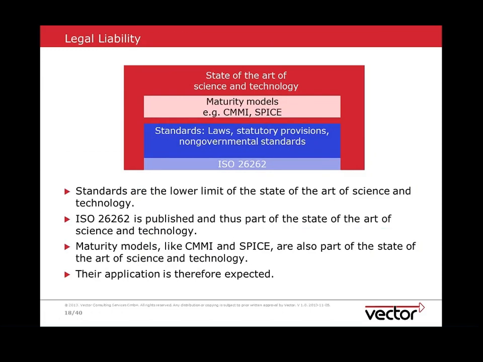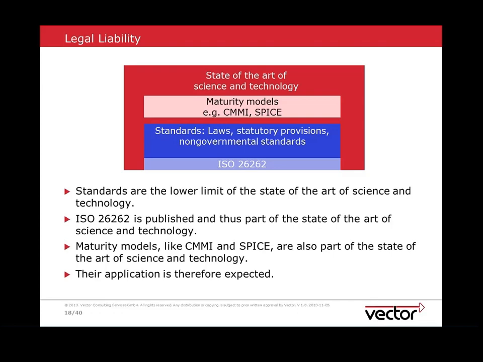Legal liability, as I said earlier, is based on the state-of-the-art in science and technology, that is the different standards, such as the ISO 26262, but also maturity models, such as the CMMI or Automotive SPICE, and the application of this basic body of knowledge is expected at the moment where you have to prove, as I said on the previous slide, that you had not failed to implement such a best practice.